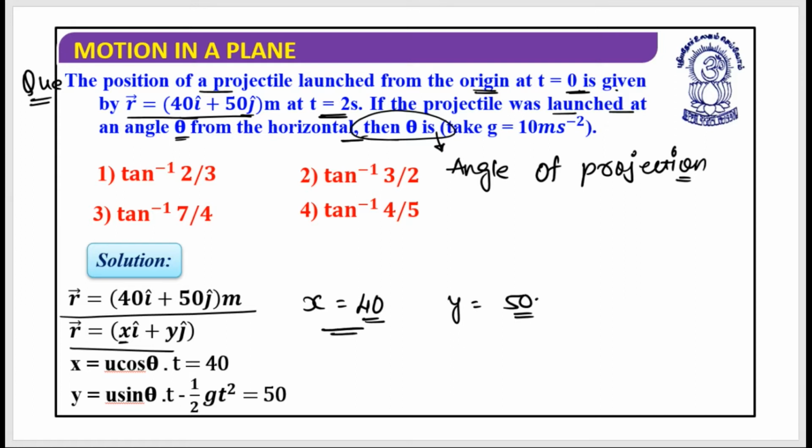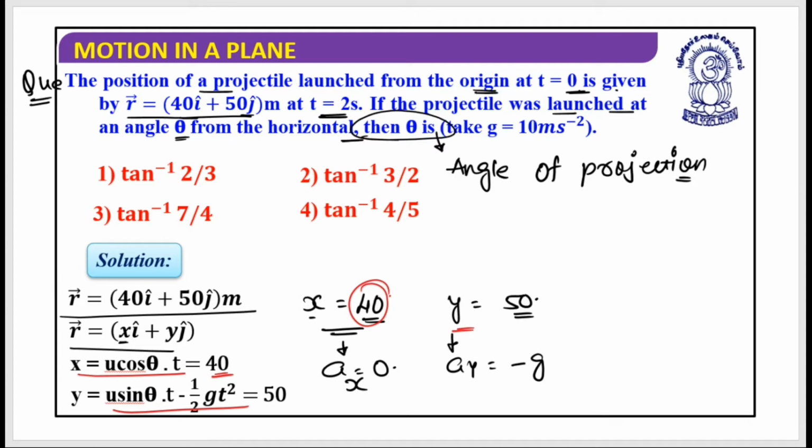Now the motion in the x direction has no force, which means acceleration ax is equal to 0 and ay is equal to minus g. So for motion in the x direction, x is equal to u cos theta into t, which is 40, and for y, y is equal to u sin theta t minus half g t square, which is equal to 50. Is it clear up till now?